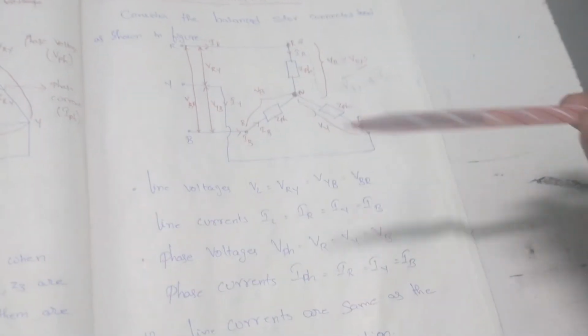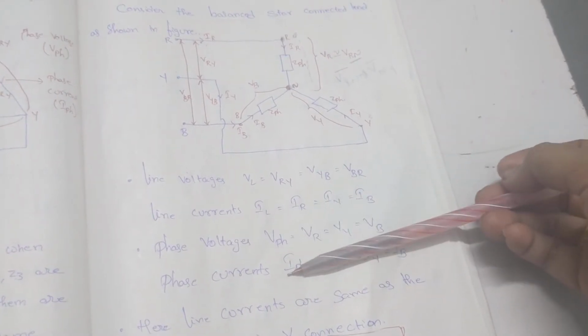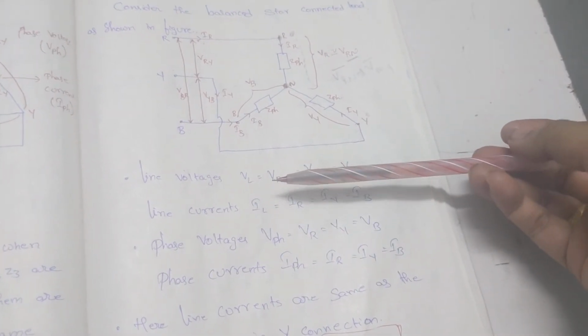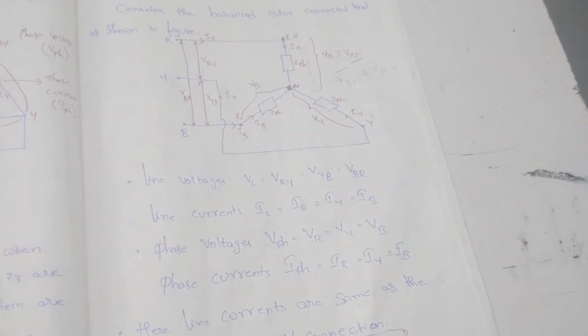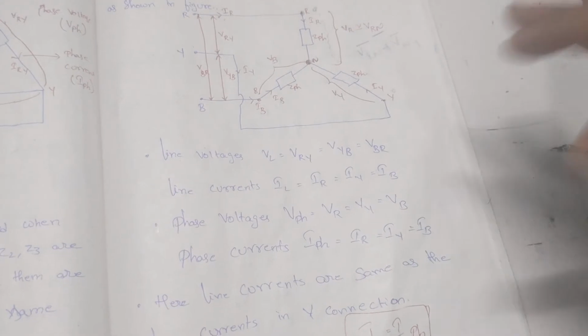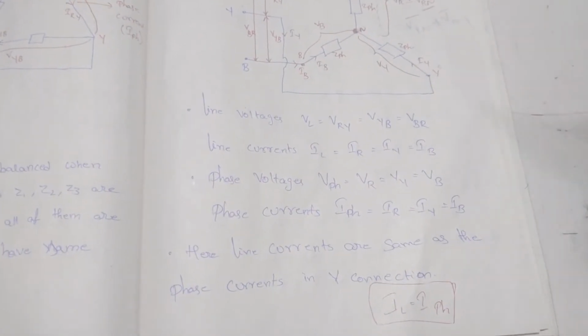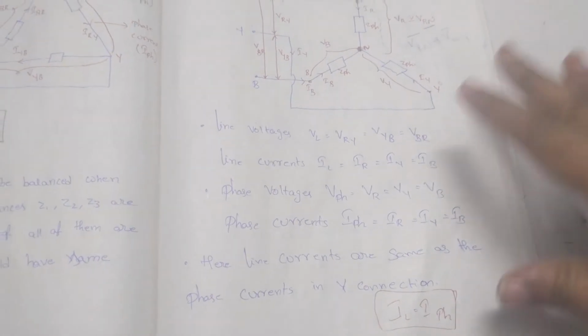If you observe these, the line currents and phase currents are the same in the star connected mode. So we draw one conclusion: in star connection, the line current is the same as the phase current, that is IL equals I phase.